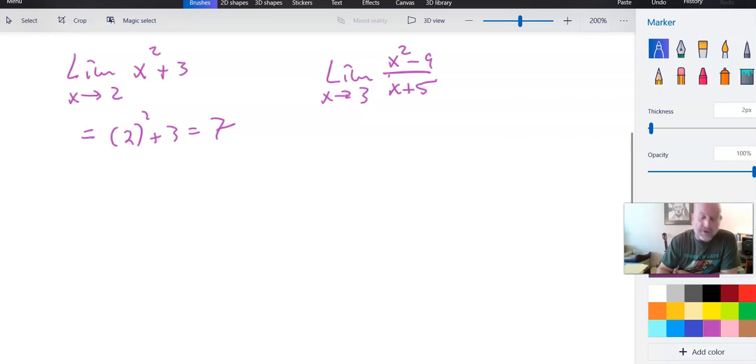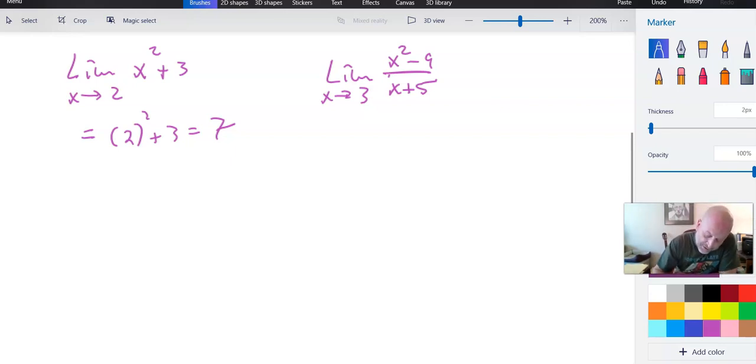Now over here we have a rational expression, a polynomial divided by a polynomial. So I run the potential of having a limit that doesn't exist here. We can tell if I need to do anything just by plugging in the 3 and making sure the denominator doesn't come out to 0, because it's division by 0 that's going to cause a problem.